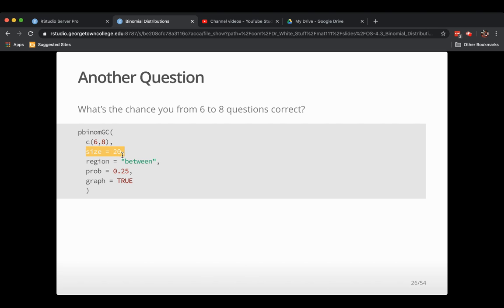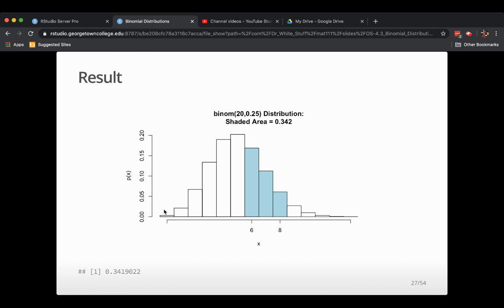Again, you'll specify your binomial random variable with the size and its prob, and somewhere you have to say region equals between. And you will get, as your answer, the sum of the heights of the 3 rectangles corresponding to the outcome 6, 7, or 8. So when you do region is between, your boundary numbers are included in what gets added up.